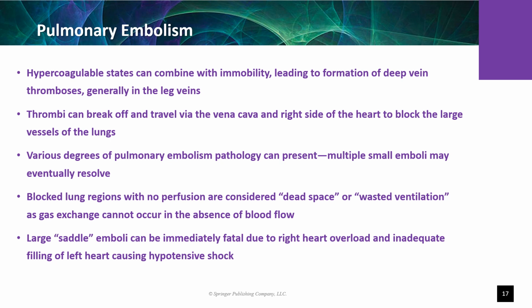Venous thromboembolism is the most common cause. Depending on the size of the clot, the blood flow may be blocked to a lung segment, a whole segment, a lobe, or the whole lung.